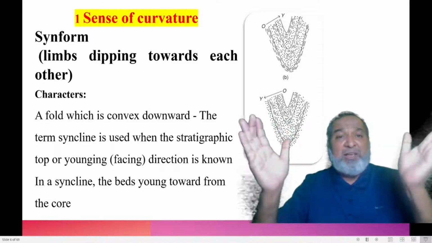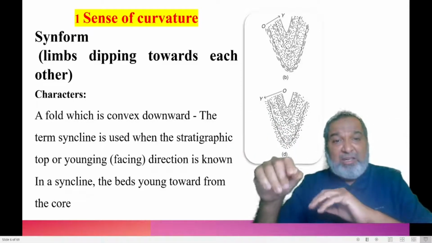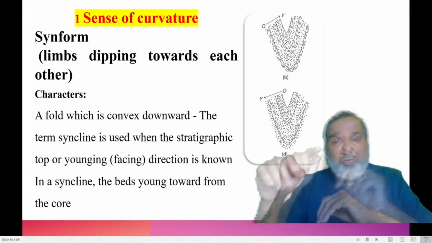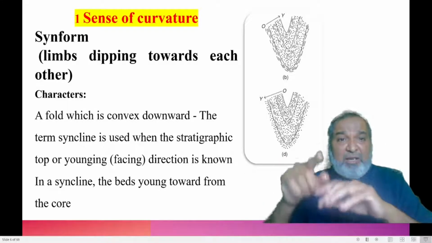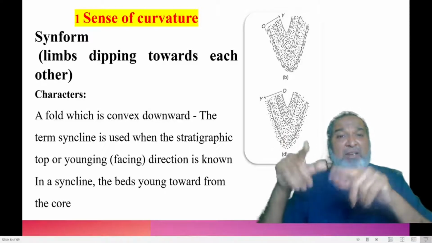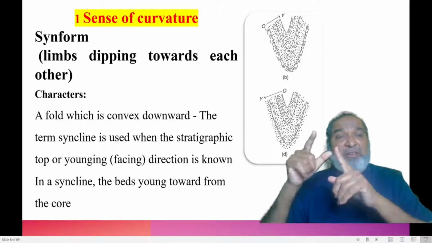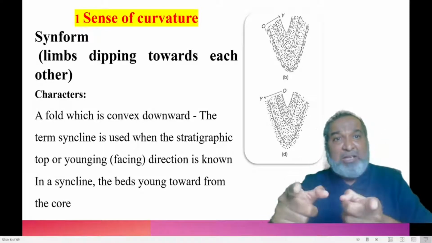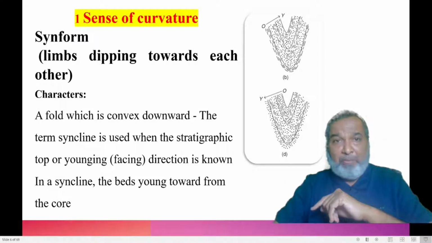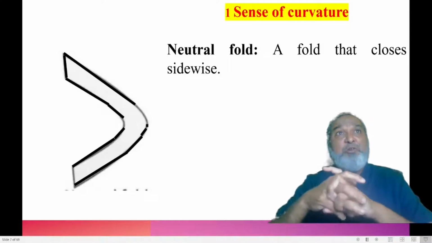Otherwise, it is simply called syncline. In a syncline, the beds young here in this antiform and synform. We know the stratigraphic top and their younging direction. That is the facing direction we know. Then only we call them as antiform and synform.